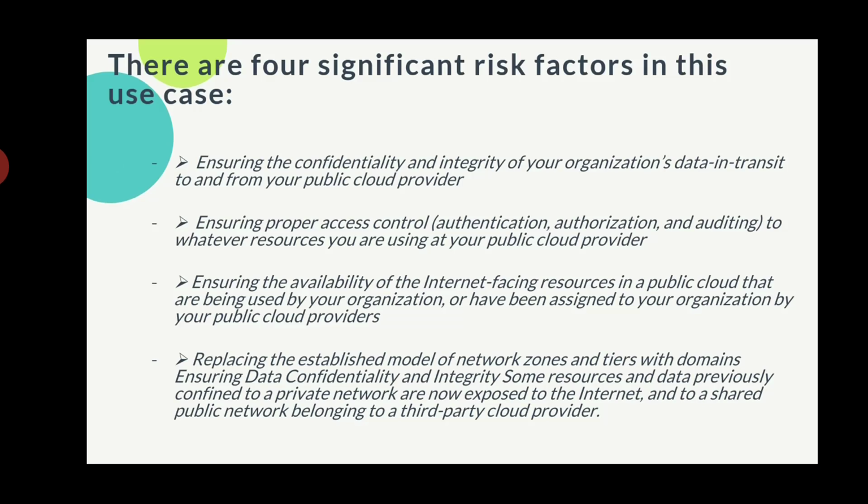Resources in the sense some readily available materials and whatever data we saw previously, confined to a private network, we now expose to the internet and want to share on a public network belonging to a third party cloud provider. Okay, this is the concept of the first significant role.